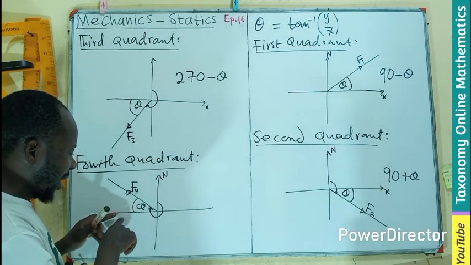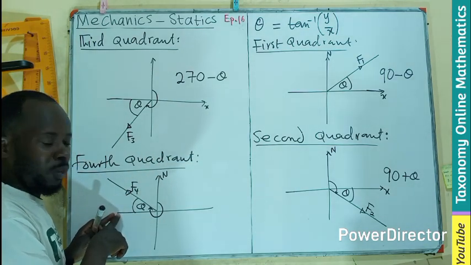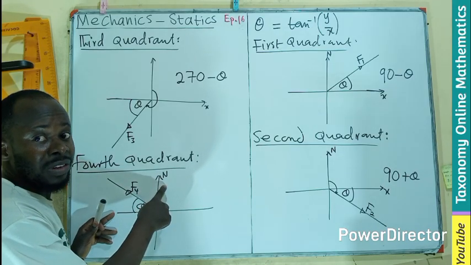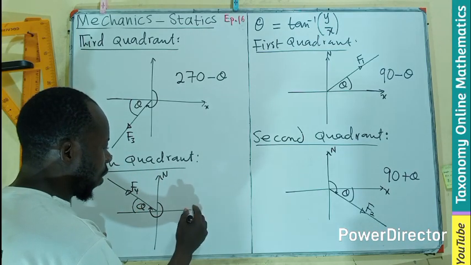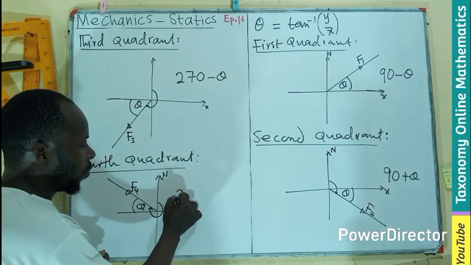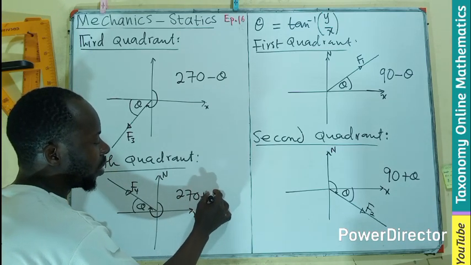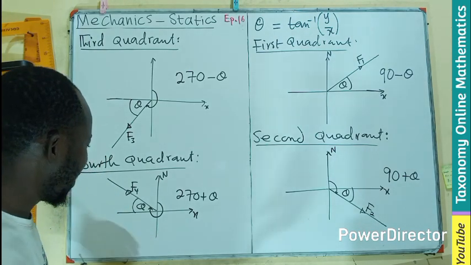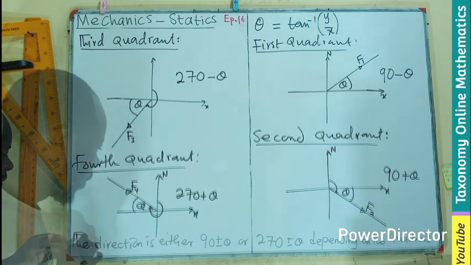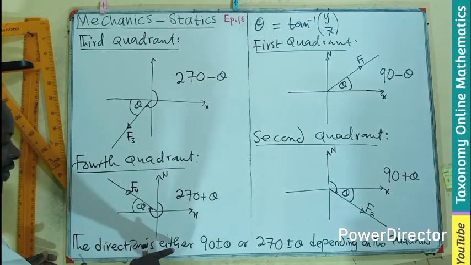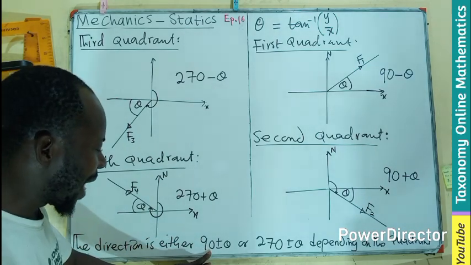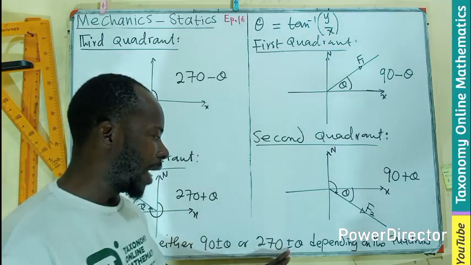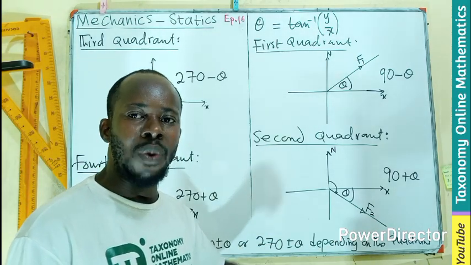Then that means that if we're to be here, at 270, we have an additional value before we get to what? 360 or 0. So that means that your angle will be 270 plus what? Theta. So you can see that the direction is either 90 plus or minus theta or 270 plus or minus theta, depending on the quadrant.